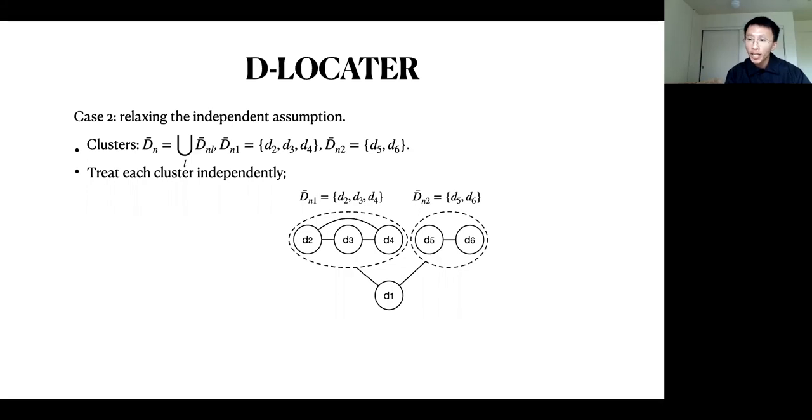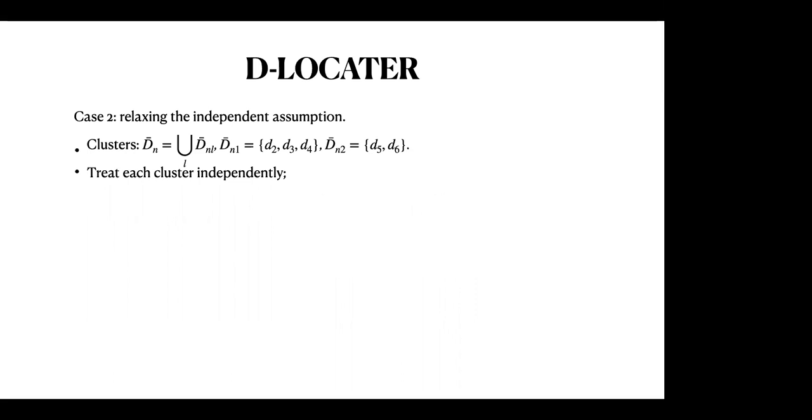This way, we can treat the neighbor devices as a set of clusters, where every device inside a cluster shares high group affinities above a threshold with the rest of the devices, and every device in a cluster shares low group affinities below a threshold with the other clusters. Thus, we can treat each cluster independently, and we can now compute the room.